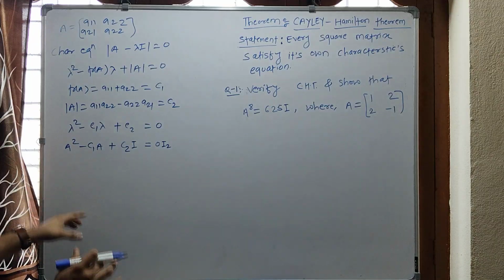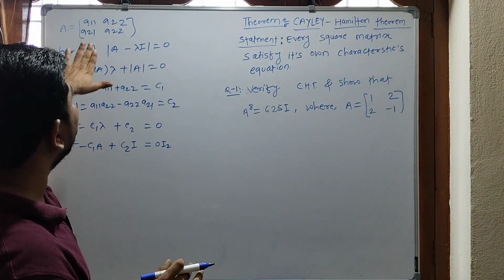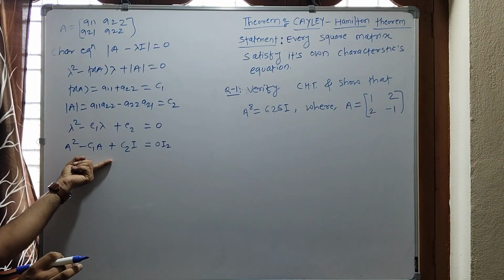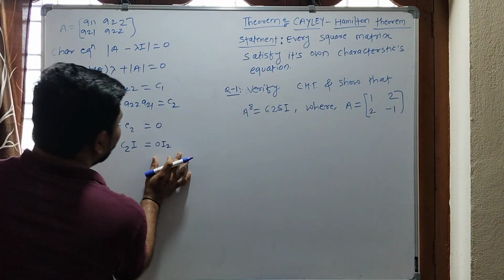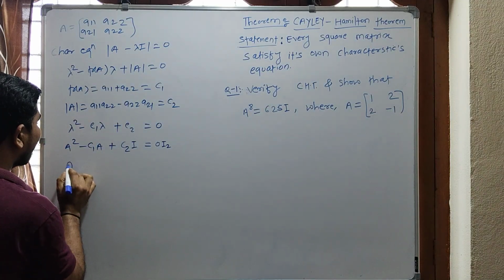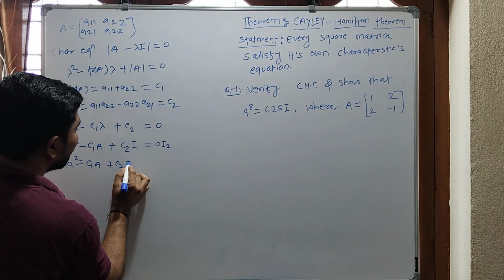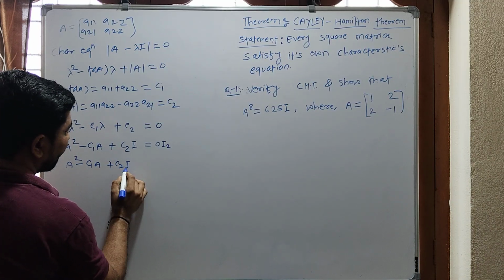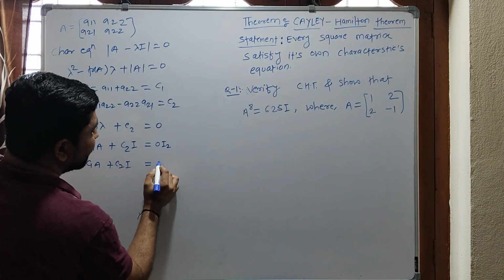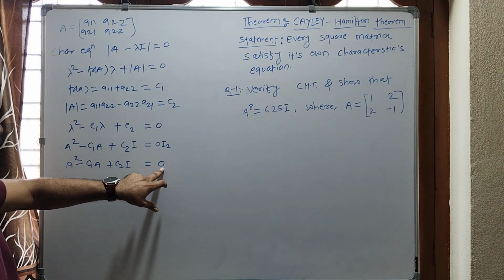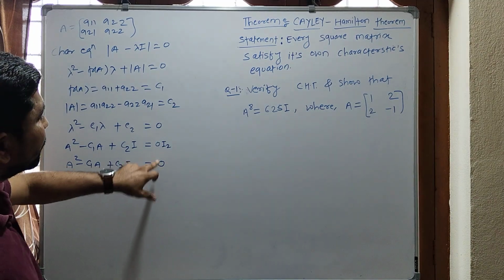So the Cayley-Hamilton theorem says every square matrix satisfies its own characteristic equation. Here again I am writing A square minus C1 times A plus C2 into I, which is equal to 0 into the identity matrix. Here this is a 0 matrix of order 2 cross 2, not a scalar 0.